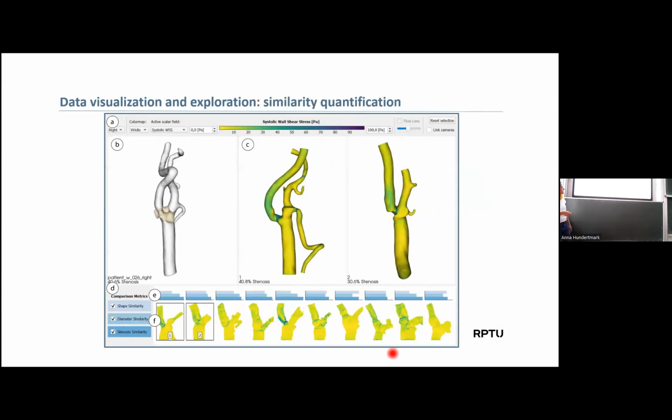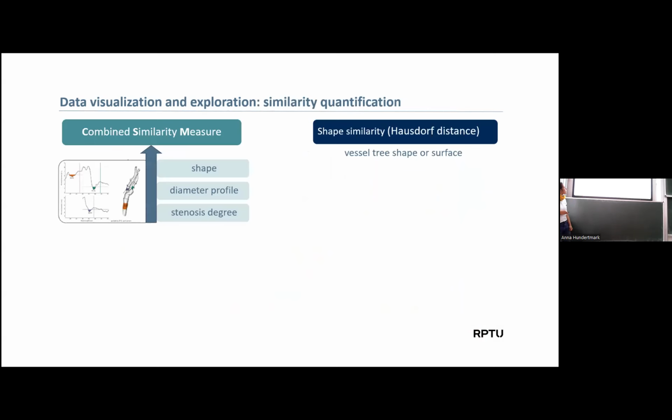This is your current case, and you get 10 cases, and you can explore this on the flattened surface through cutting and flattening of the surface. And you can explore 2 cases, or another 2 cases, which have different similarity measures, so you can switch between them and so on.